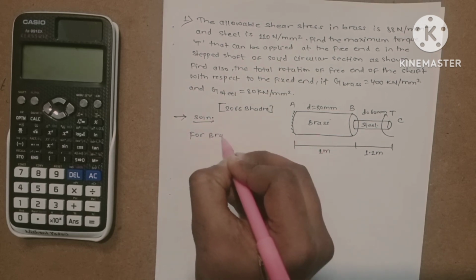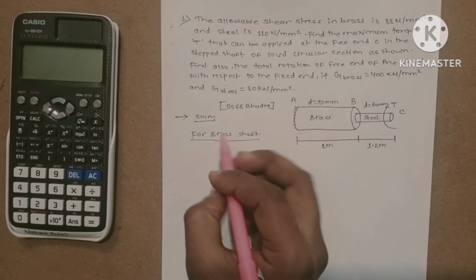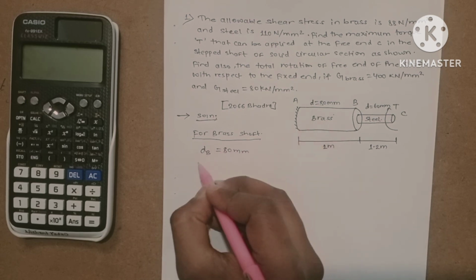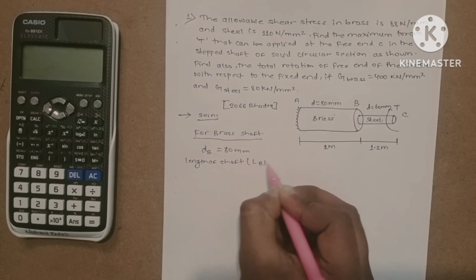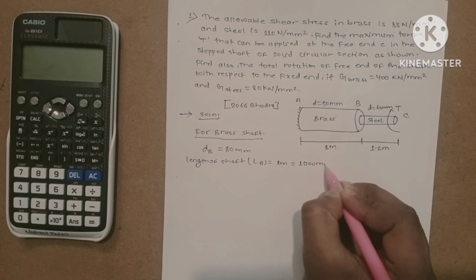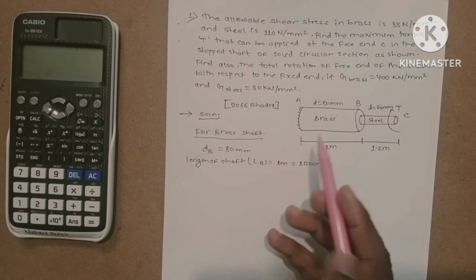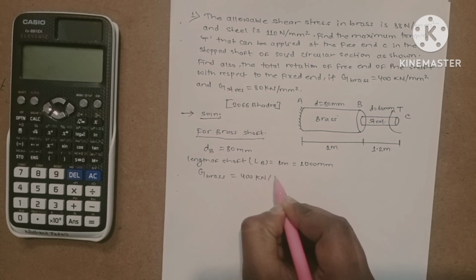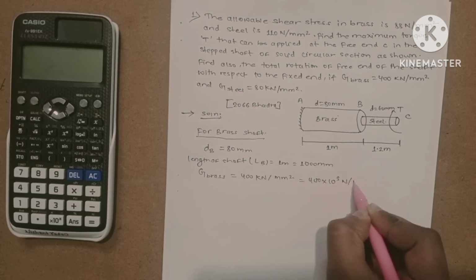For brass shaft, diameter of brass shaft is 80 mm, length of shaft LB equals 1 meter, it means 1000 millimeter, and G brass equals 400 kilonewton per millimeter square, equals 400 into 10 to the power 3 Newton per millimeter square.